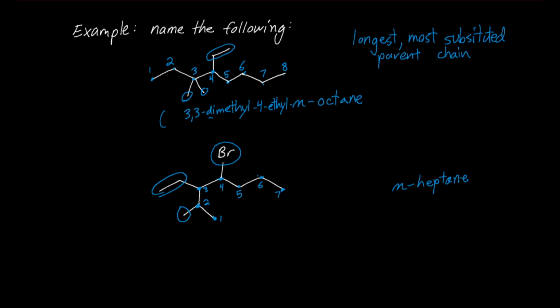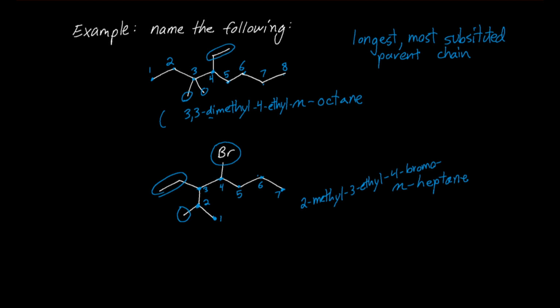And so we have 2-methyl, 3-ethyl, I'm going to run out of room, 4, and we would call it bromo. So for the halogens, fluorine, chlorine, bromine, and iodine, we call them fluoro, chloro, bromo, iodo.